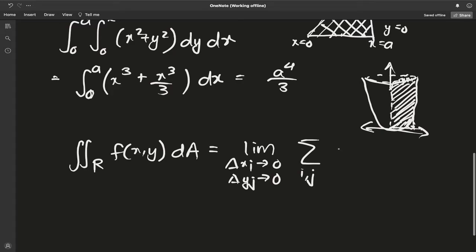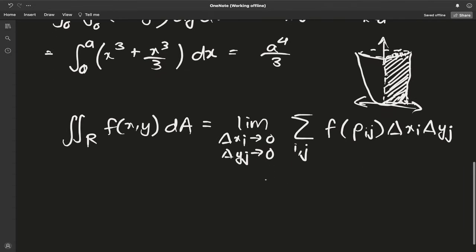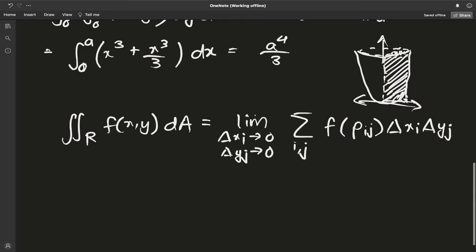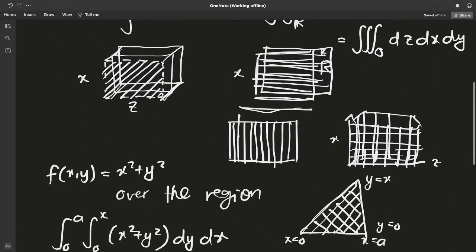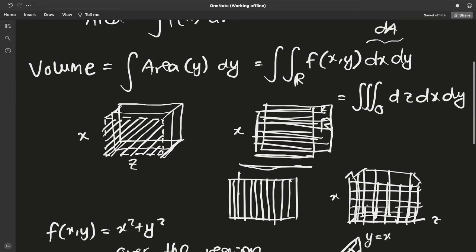There are actually two sums, so I'm writing it as one. f of pij delta xi delta yj. This is what it looks like. It's a nested sum. That's why it makes sense that it is a nested integral, at least in this geometric sense that I tried to show you, of making these grid lines.